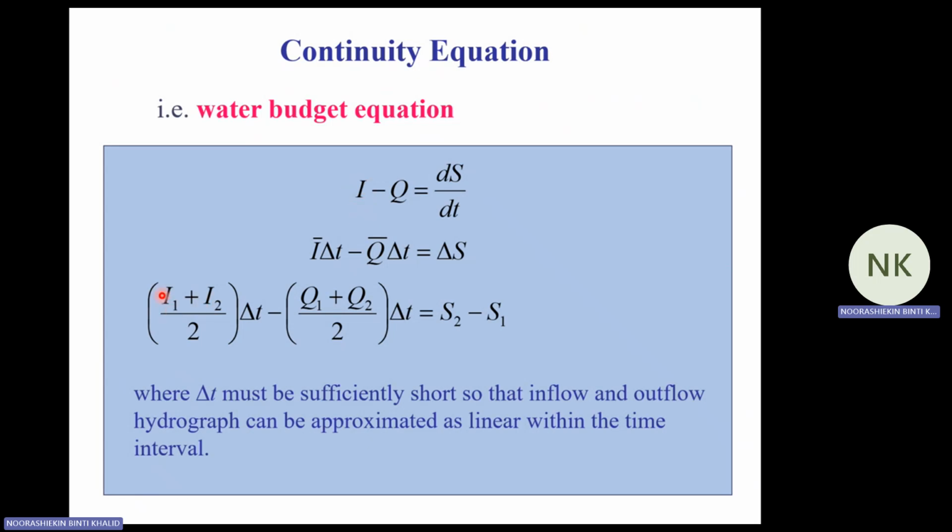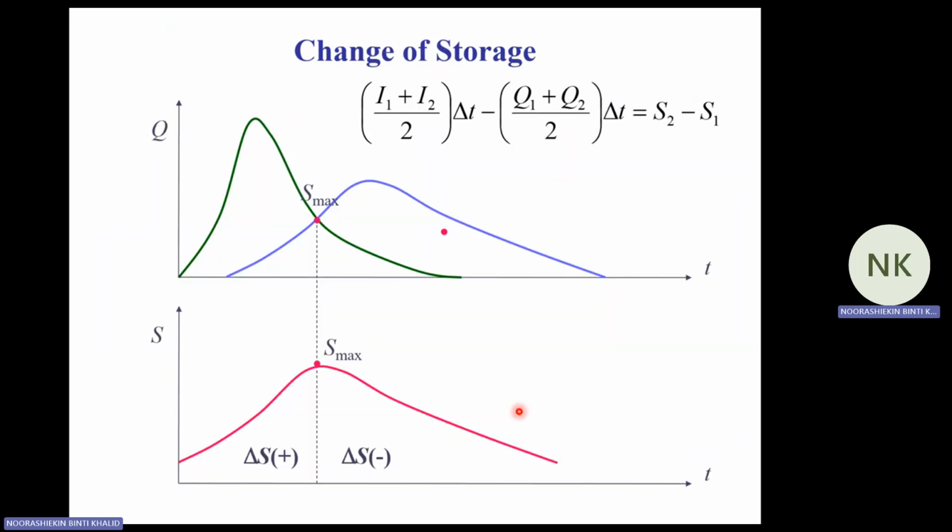We can find the inflow using the average, I1 plus I2 divided by 2, times the time interval, and then minus the average of Q, Q1 plus Q2 divided by 2, times the time interval, equal to the change in storage. Delta time must be sufficiently short so that the inflow and outflow hydrographs can be approximated as linear within a time interval. So this is the continuity equation.